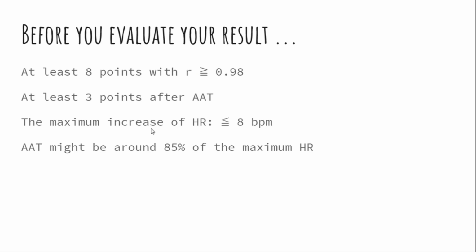And for the maximum increase of heart rate, I got, I think, one gap which was more than 8 beats per minute. It was between the second and third data point, which was the beginning of the Conconi test. The reason why I had a huge gap between second and third is because of blood loading from vein to artery.